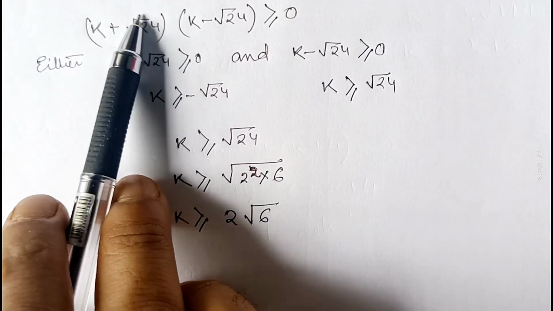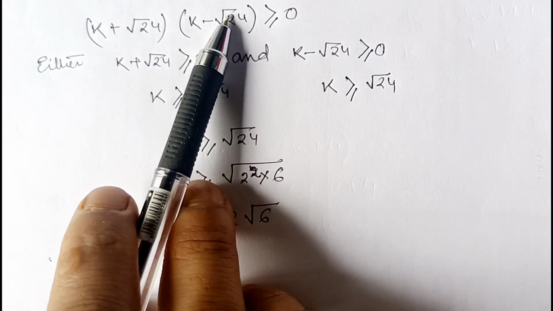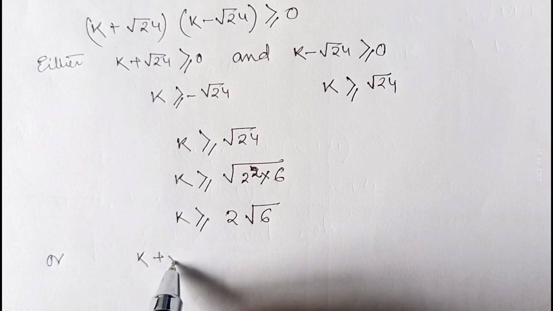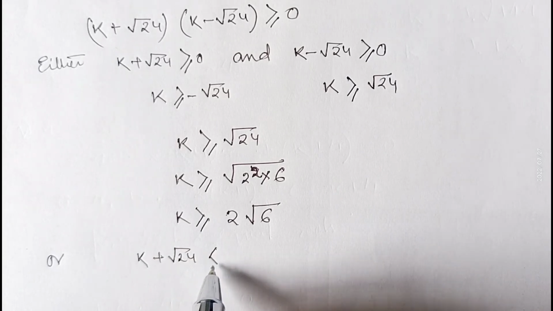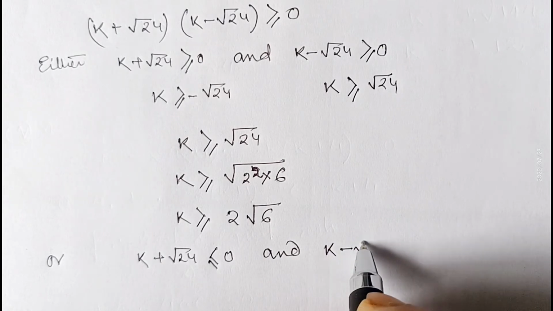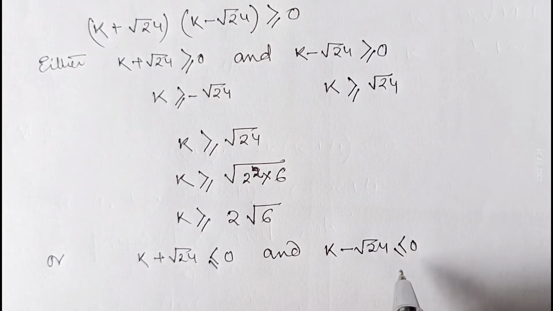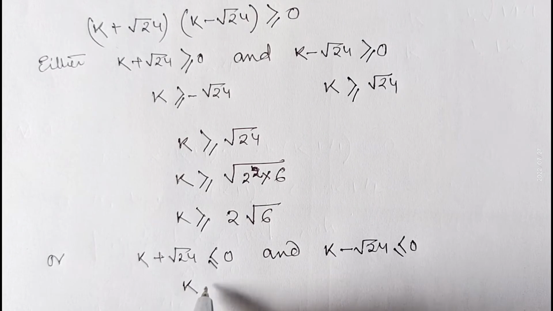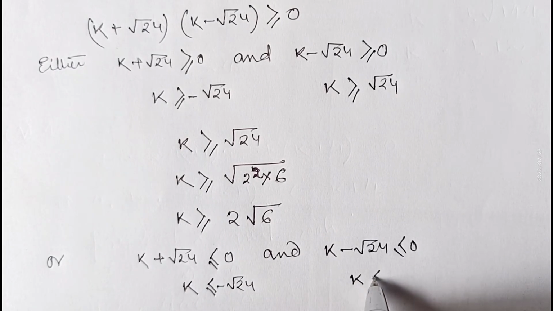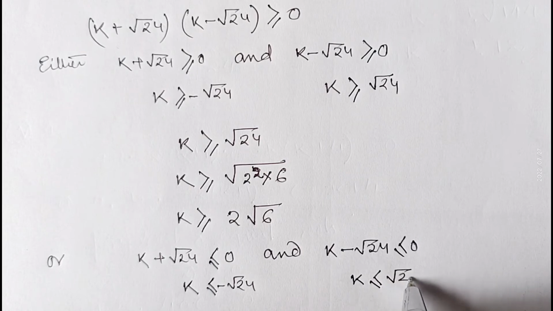Now if you consider both of them less than 0, we can write or k plus root over 24 less than equals to 0 and k minus root over 24 less than equals to 0. From here k will be less than equals to minus root over 24 and k will be less than equals to root over 24.